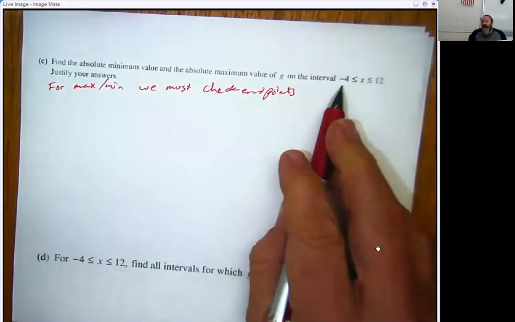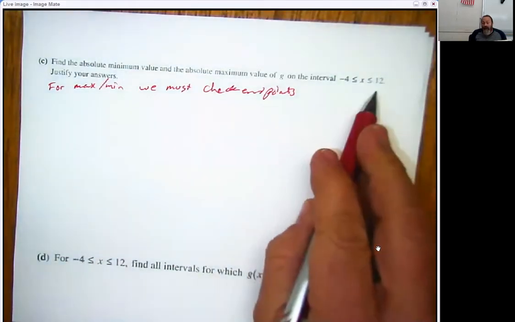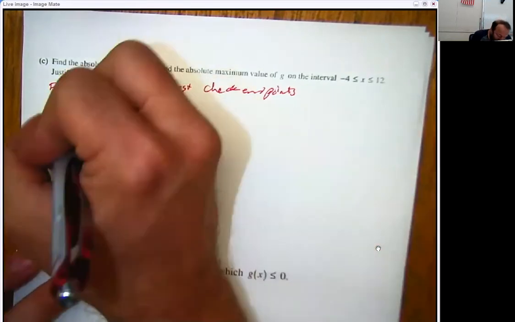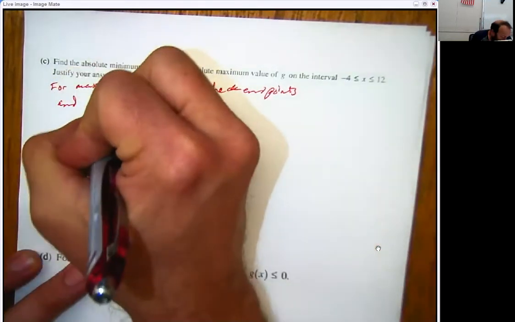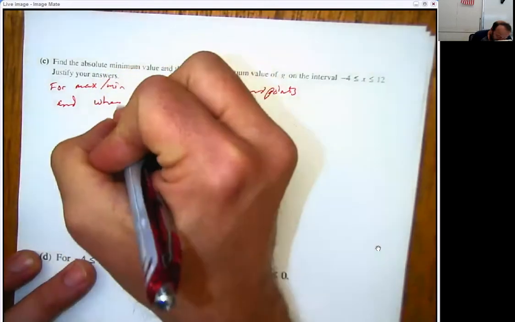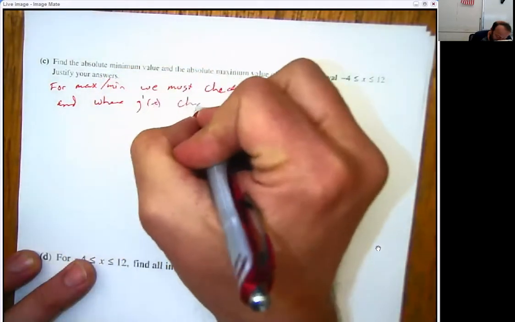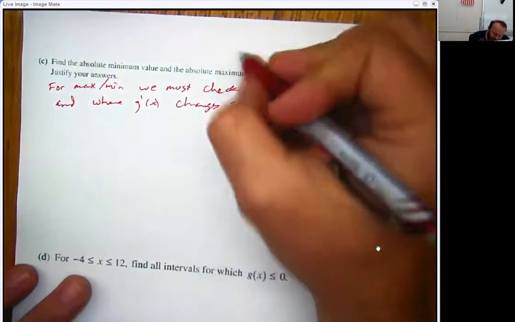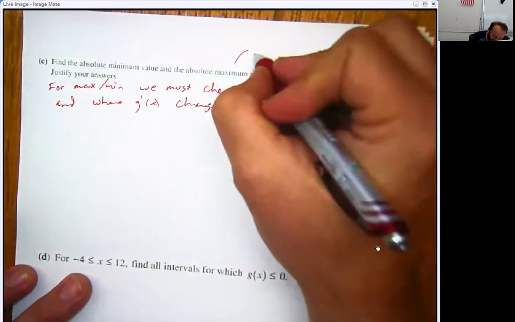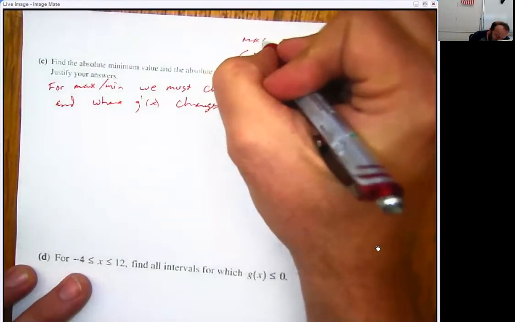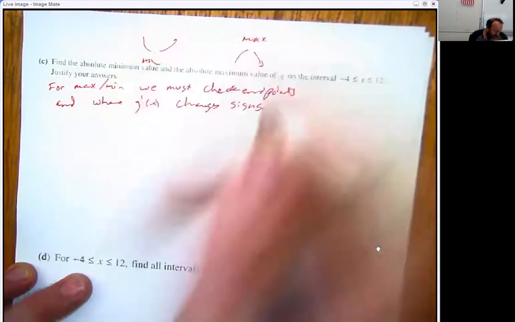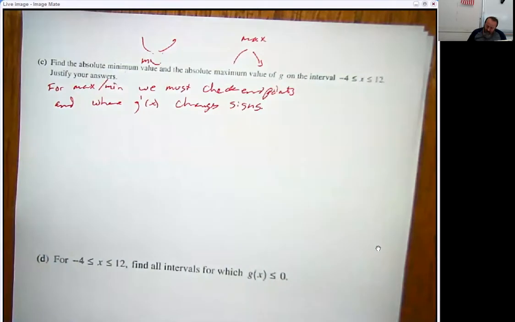So that tells me I'm going to have to find g of -4 and g of 12. But then I'm also going to have to find where g prime of x changes signs. Because keep in mind, a maximum is going to occur where that goes from increasing to decreasing, and a minimum would go from decreasing to increasing. So what I need to do is figure out where g prime is changing signs.